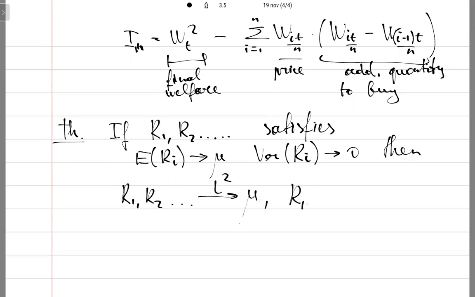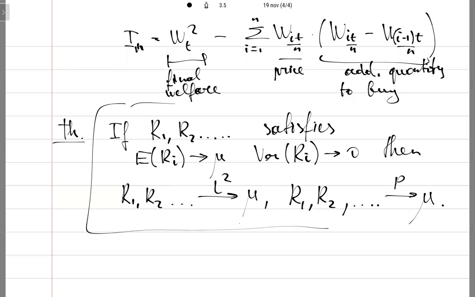They also tend in probability to mu. So in this simple case, when the variance decreases, what does it mean intuitively? It means the random variable is less and less random, more and more like a constant.